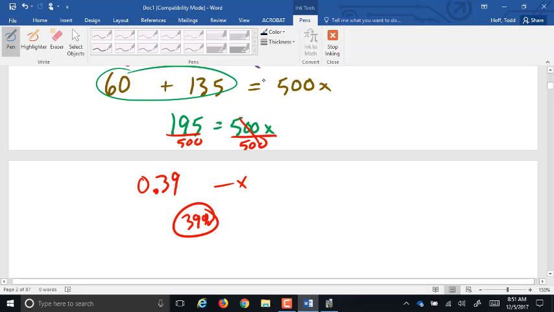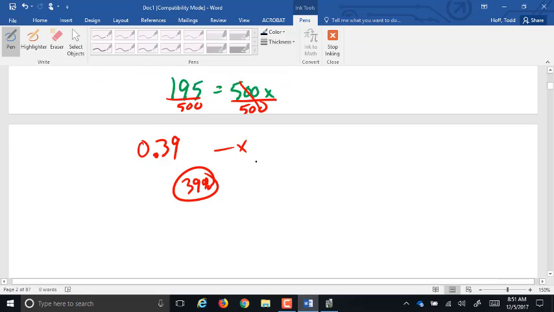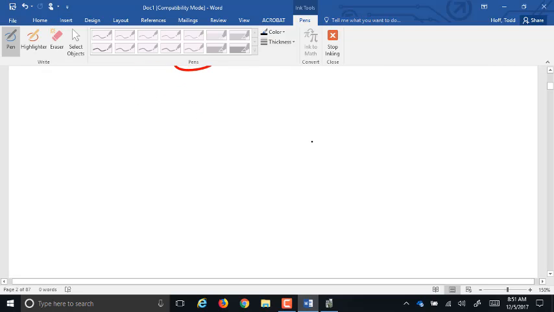Now, typically, we are not randomly mixing different solutions and trying to see what we get for a final concentration. Typically, we have a desired concentration that we are shooting for. So usually we'd end up with something like this.